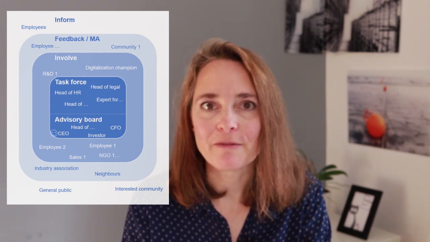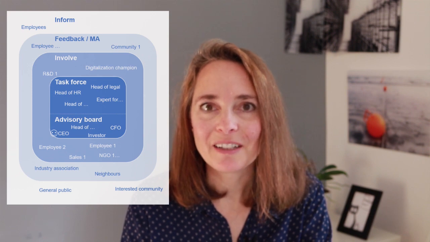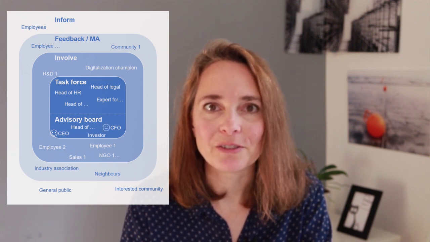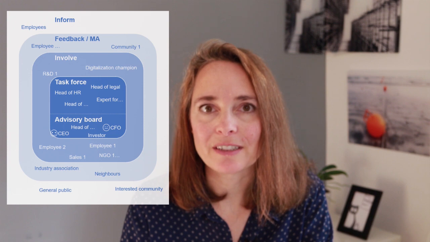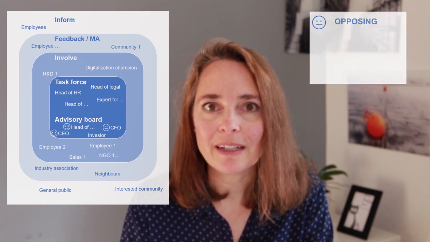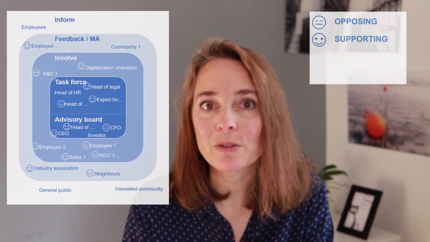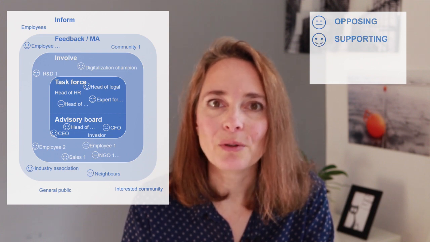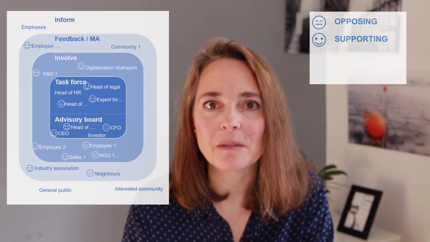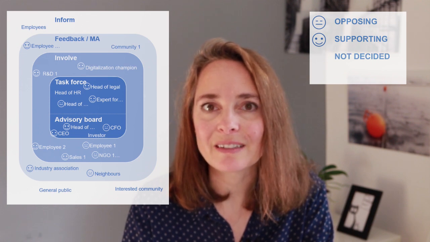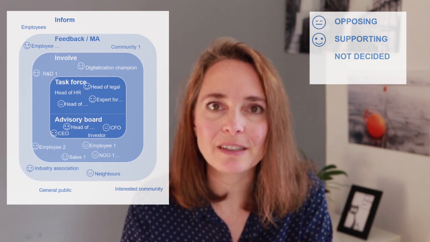And then to add some fun to all of this, I note down people's attitude to the sustainability strategy. So I know at first sight, and everyone in the team knows at first sight, who's opposing the strategy, who's supporting it, who might be undecided whether positive or negative.